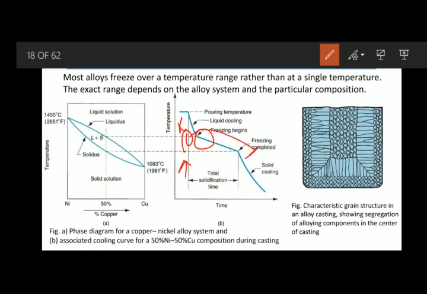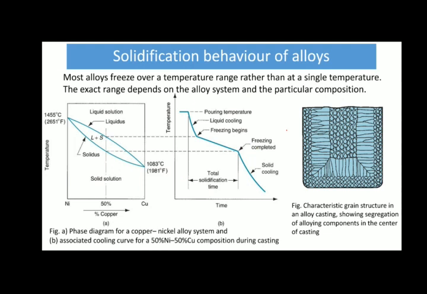So it is a slope rather than being a horizontal line. This is the basic difference between solidification of pure metals and solidification of alloys.